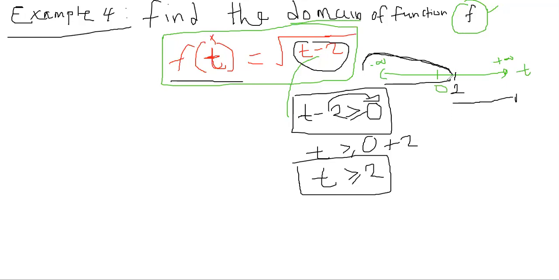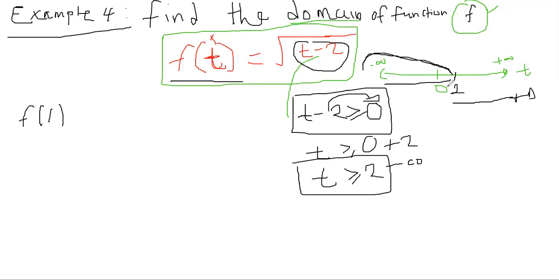If we put 1 in this function, it will lead to taking a square root of a negative number. The condition is that the t you use here should be greater than or equal to 2, meaning it starts from 2 and goes up to infinity. Only then will you have a non-negative number within here.